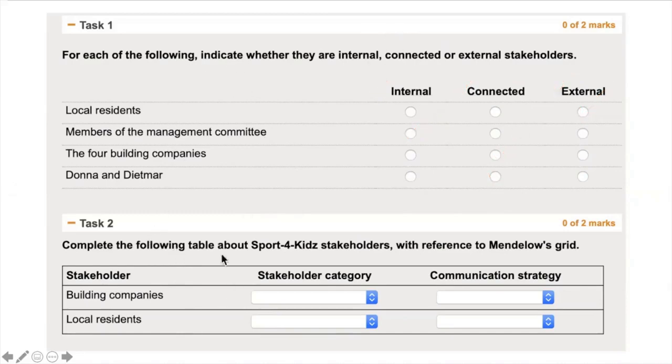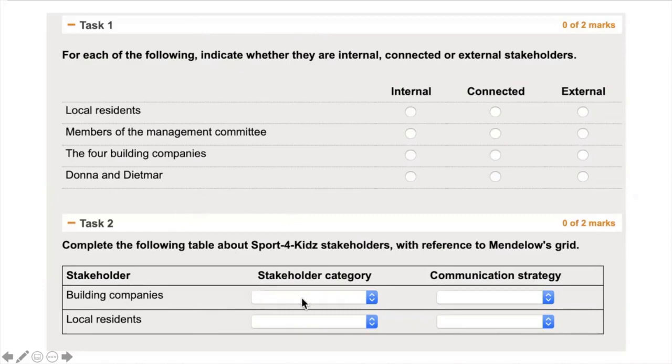So here we have 2 stakeholders, and our job is to map them in reference to Mendelow's grid. Now, I'm sure all of you remember Mendelow, which actually has a grid that helps you analyze stakeholders. So we want to talk about the building companies and the local residents.